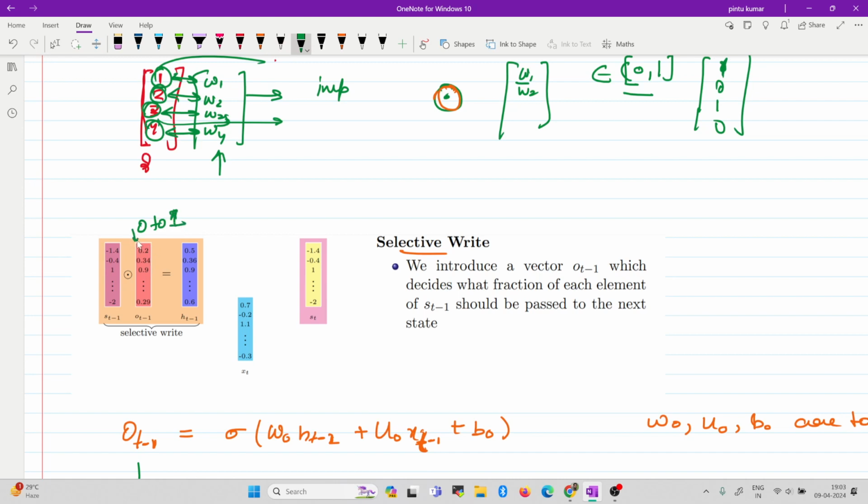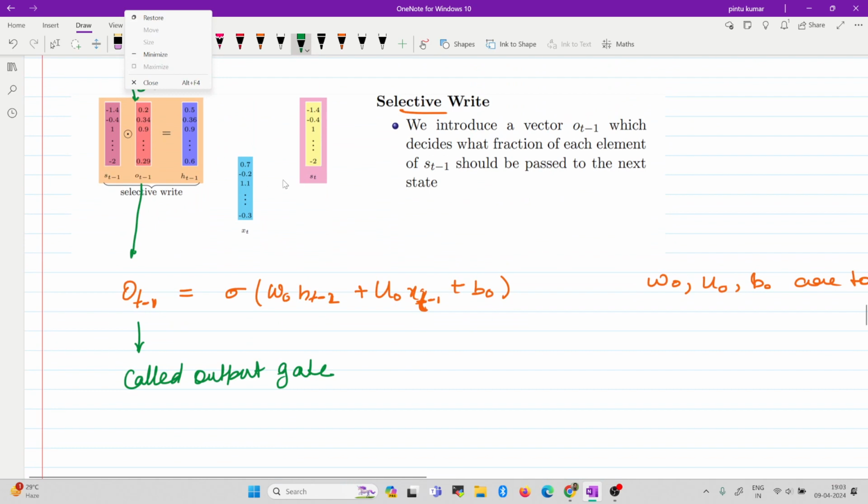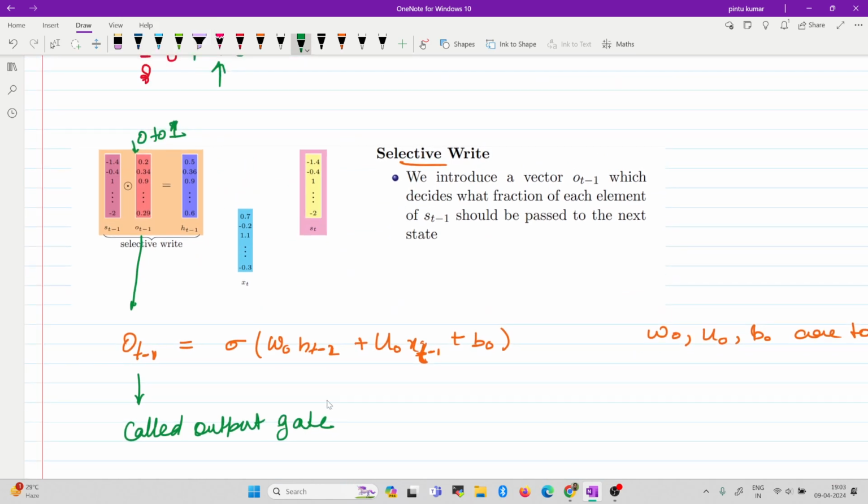How do I define such a vector? That vector is represented by o_{t-1}. This is also known as the output gate.